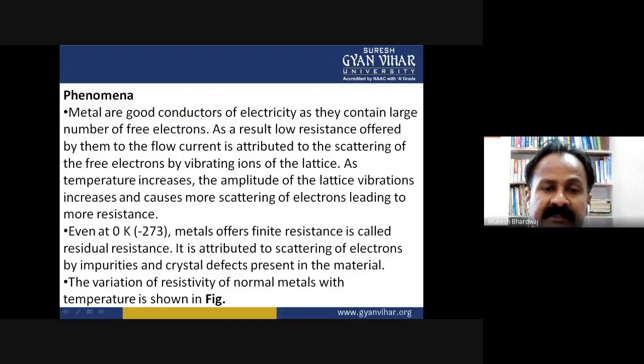As temperature increases, the amplitude of the lattice vibration increases and causes more scattering of electrons, leading to more resistance. Even at 0 Kelvin, that is minus 273 degrees centigrade, metal offers finite resistance. It is called residual resistance. It is attributed to scattering of electrons by impurities and crystal defects present in the material.